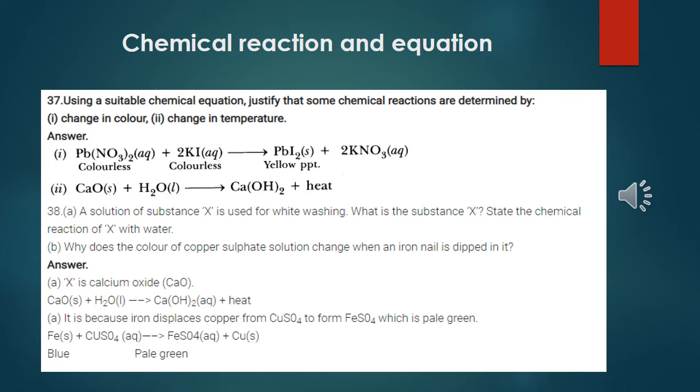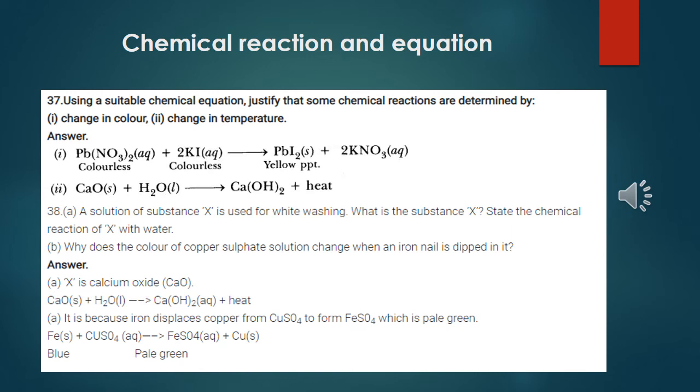Here the first equation I have written: lead nitrate reacts with potassium iodide to form lead iodide and potassium nitrate. In this reaction lead nitrate is colorless, potassium iodide is colorless, but lead iodide is a yellow precipitate. Since the color changes, we can say a chemical reaction takes place.